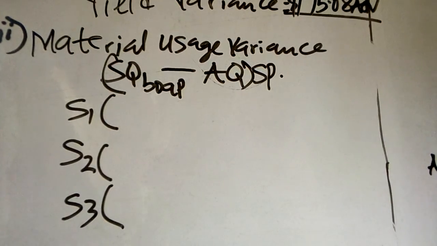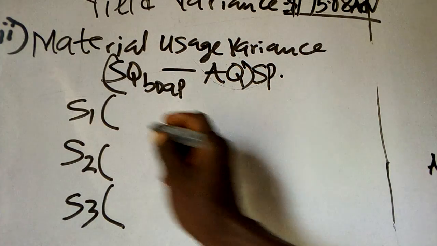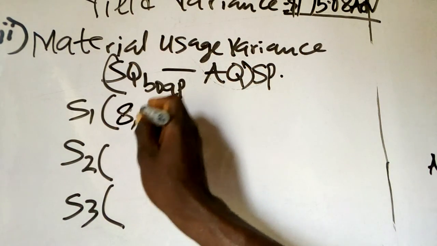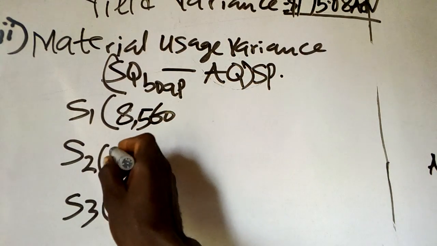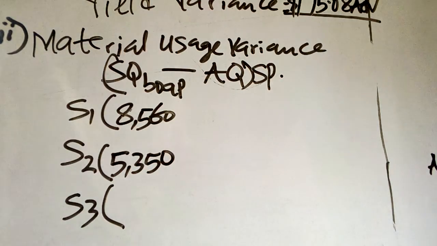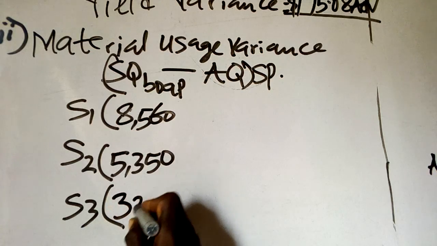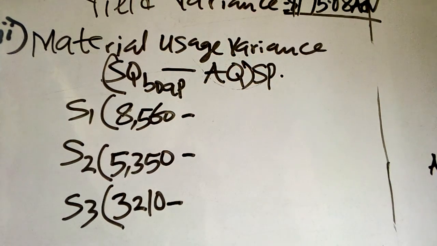So for S1 we have 8,560 kgs, for S2 5,350 kgs, and for S3 3,210 kgs, minus actual quantity.